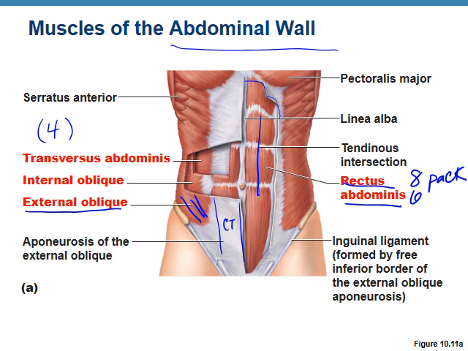Your rectus abdominis is going to allow you to flex at the waist, so to bend over, do crunches. Then the next layer, you're going to have your rectus abdominis, and you're going to have your internal obliques. And then on the third layer, the most internal, you're going to have your transverse abdominis, and these run east to west.